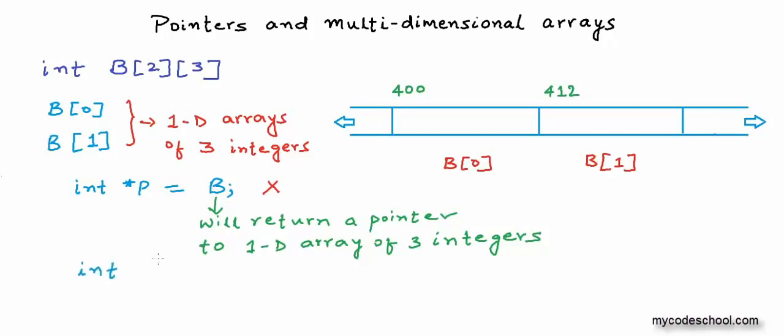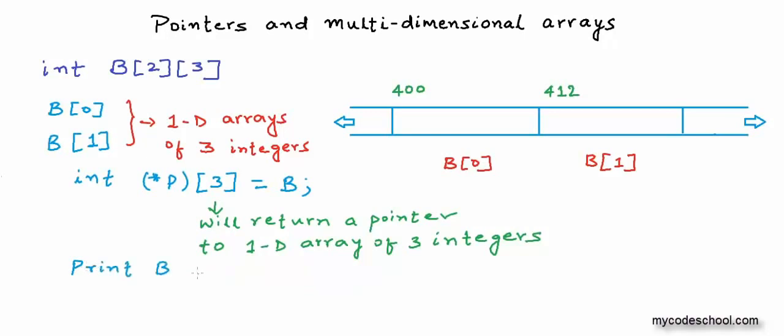We can define a pointer to 1D array of 3 integers like this. And now if I equate this with B, this is alright. Equate B with p. This time if I would print just p, which is same as printing address of B0, this will be 400.